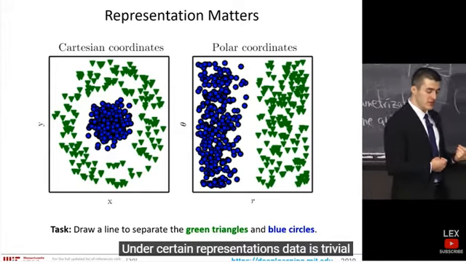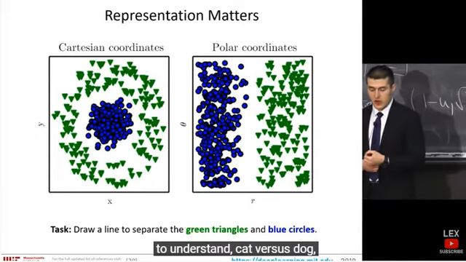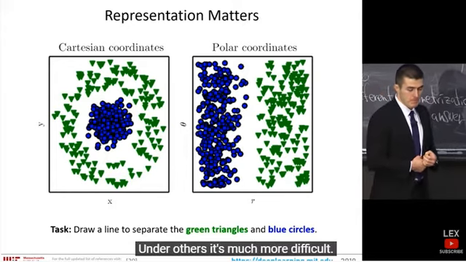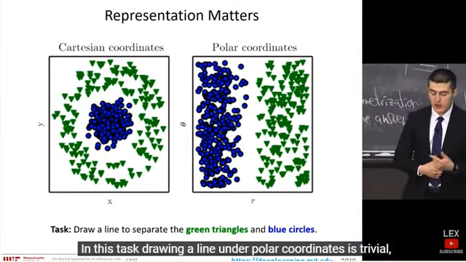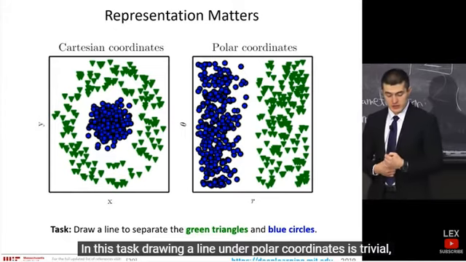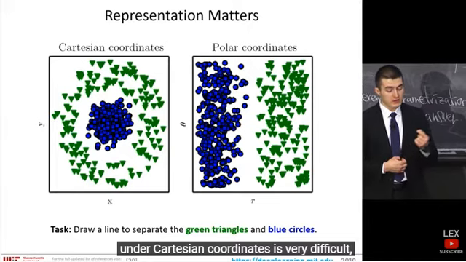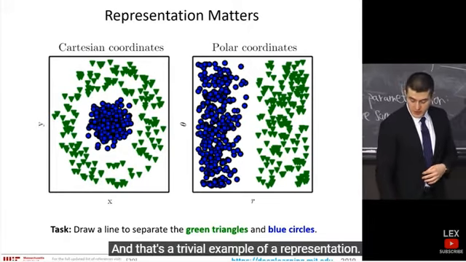Under certain representations, data is trivial to understand. Cat versus dog, blue dot versus green triangle. Under others, it's much more difficult. In this task, drawing a line under polar coordinates is trivial. Under Cartesian coordinates it is very difficult and, well, impossible to do accurately. And that's a trivial example of a representation.